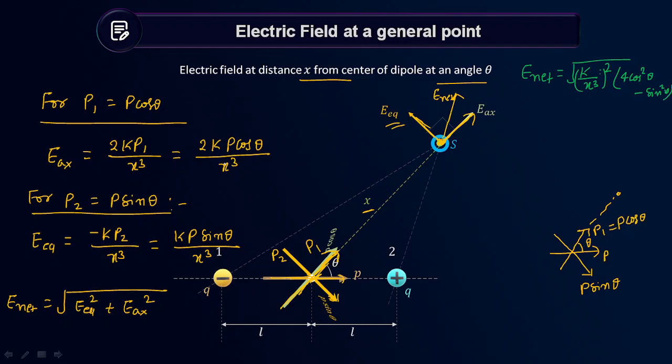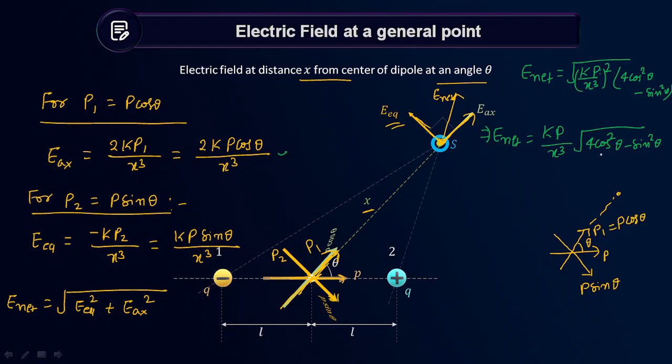Yes or no? If you take the square of both, it will be k square by x cube in both terms, so we can take that common. Now we can write E net, taking it outside: kp divided by x cube, now we have root under of 4 cos square theta minus sin square theta.